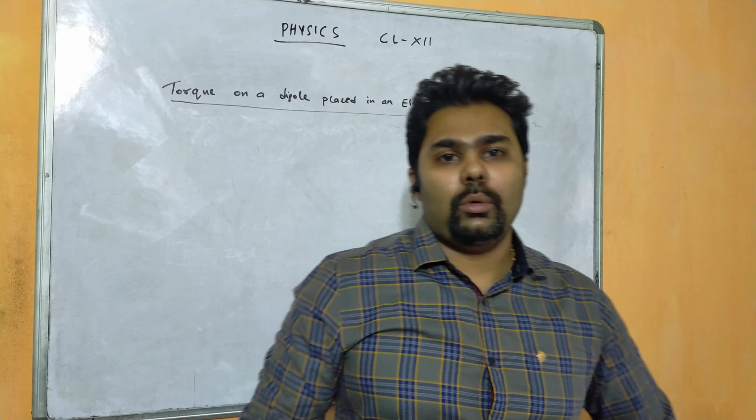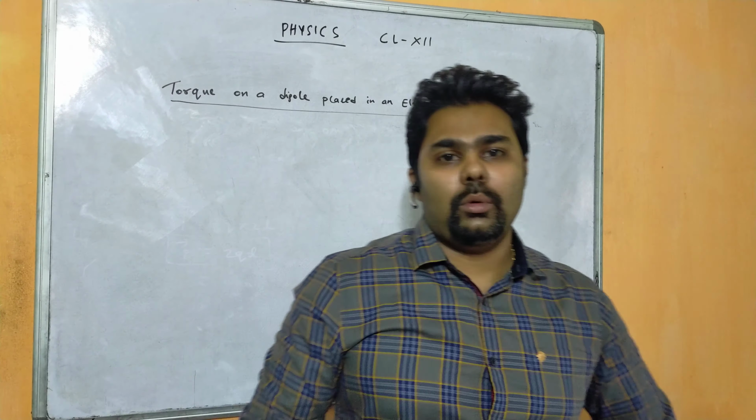This charge is producing an electric field at point P, and the flux related with this charge over a ring is given by phi equals the integral of E dot dS, and from Gauss's law we know phi, that is the loop integral of the electric field over a closed surface, equals q by epsilon naught, that is 1 by epsilon naught times the total charge enclosed by a ring.